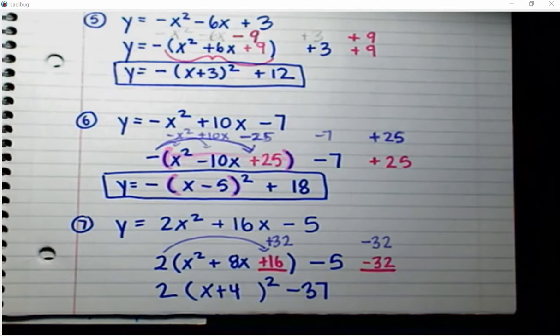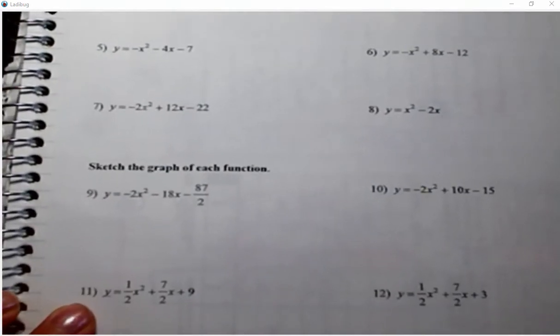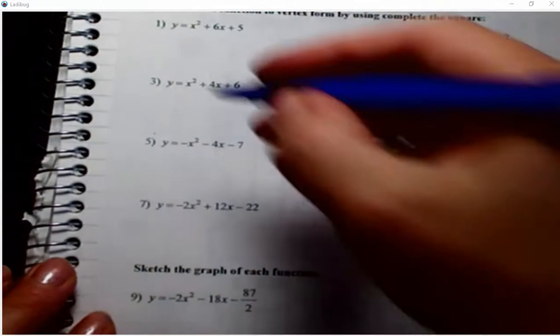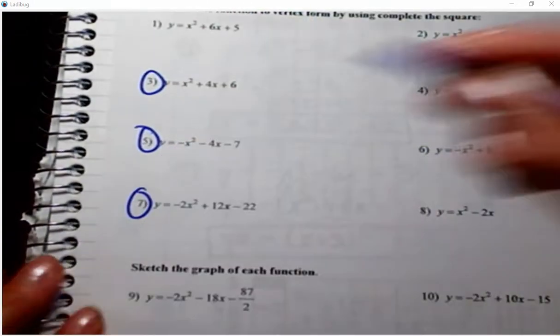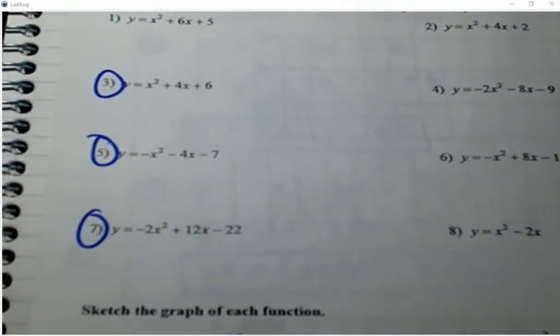Okay, so what we're going to do for a few minutes, you can do it on whiteboard, scratch paper. It's actually different than the worksheet you have in front of you. Okay. 1, 2, 3. Try completing the square with those 3 problems. It's not on your worksheet, it's a different worksheet.